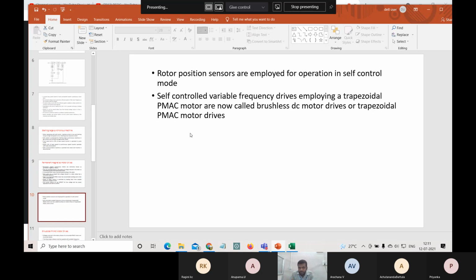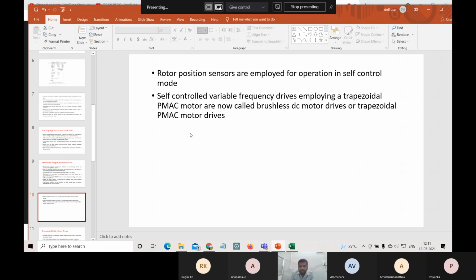That is simple if you understand the concept of permanent magnet AC motors, or synchronous motors with permanent magnets. These are with the trapezoidal type. As I told you, variable frequency drives employing a trapezoidal PMAC motor are nothing but injecting the voltage into your stator in a trapezoidal waveform.